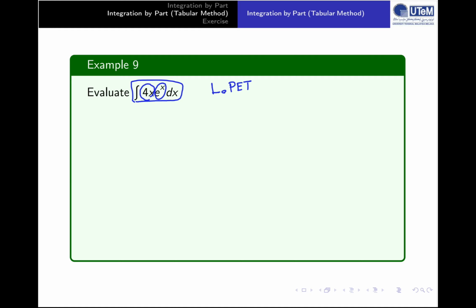So which one is u? Look at the priority, logarithmic. You don't have logarithmic here, so you cannot choose. Next, polynomial. Yes, you have polynomial, which is 4x. Therefore, this 4x as u, and then e^x dx as dv.